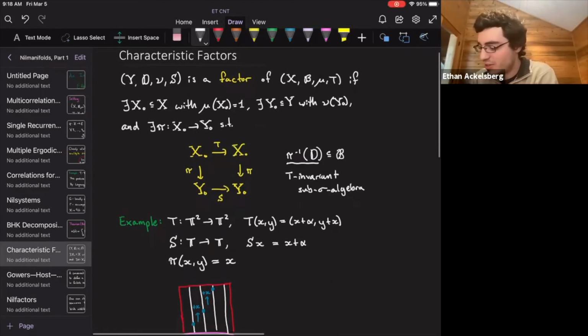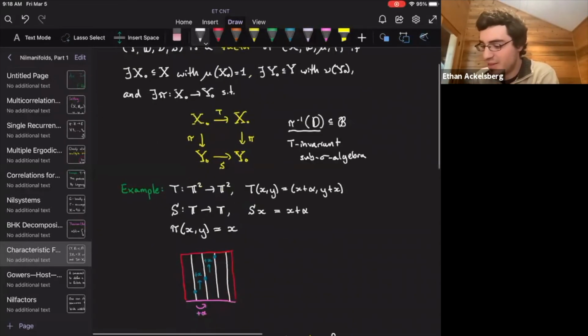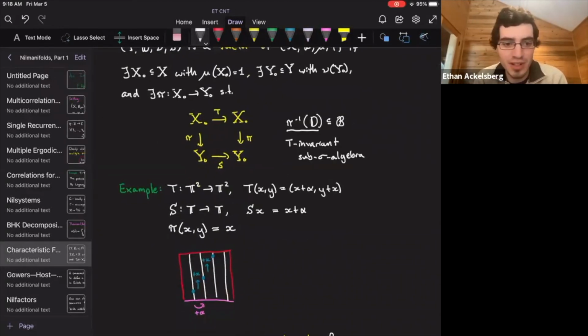Okay, and so, right, nice example. Look at that skew product we saw before, and we can take just the first coordinate. That's also a measure preserving system, and we can view the x plus alpha as a factor of the skew product system.